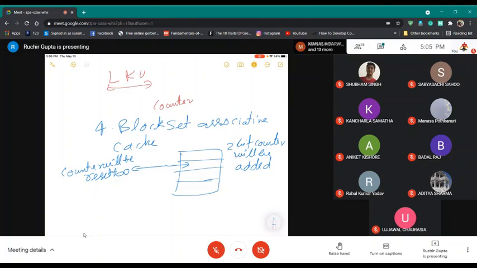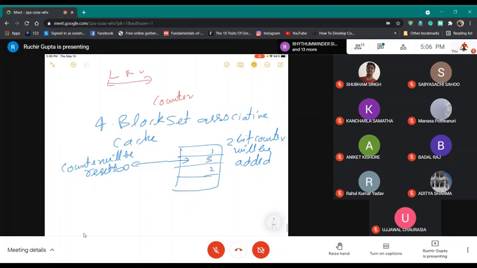And the other counters, for example here the counter value is 1, here is 2, here is 3, things like that. So this will become 0, and the others will be incremented by 1.